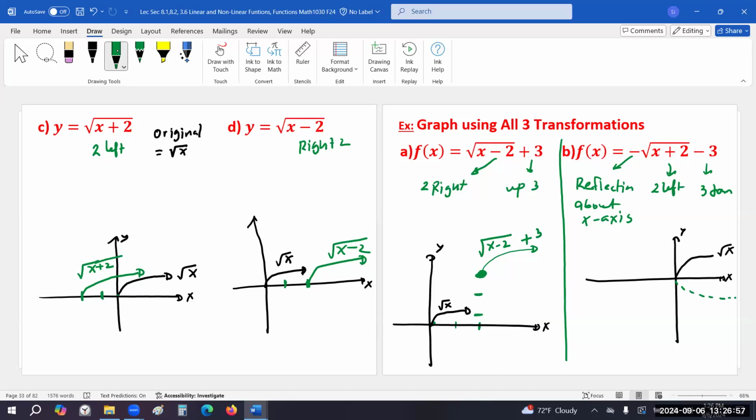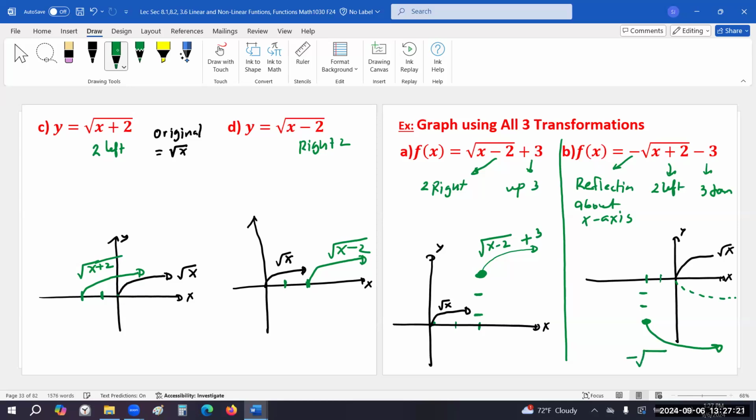Now we take this upside down one and we go 2 left and 3 down. So 1 left, 2 left, 1 down, 2 down, 3 down here. And then we draw the reflected square root.